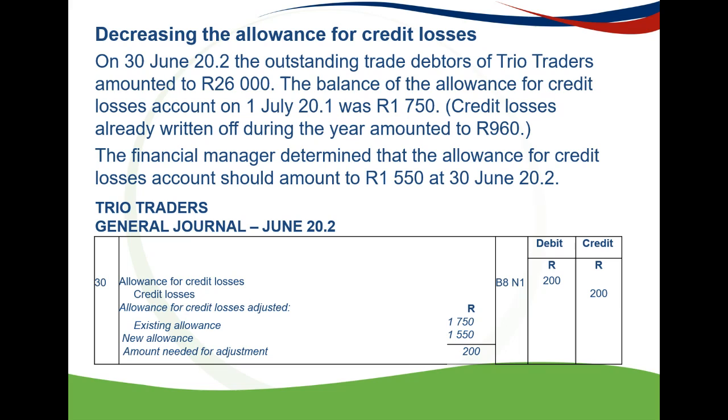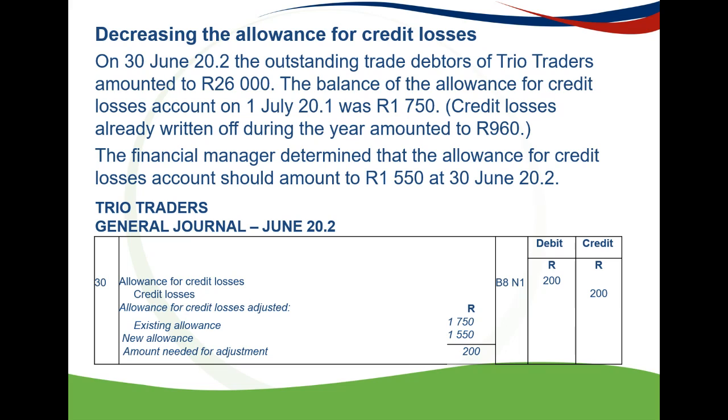The credit losses already written off during the year amounted to 960 rand. And then after analyzing the debtors book, looking at all those possible debtors that might not pay us, the financial manager determined that the allowance for credit losses account should amount to 1,550 at 30 June 20.2.